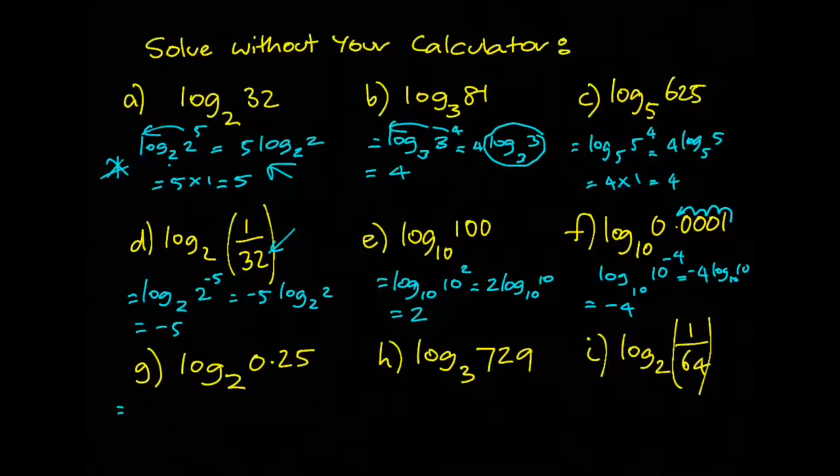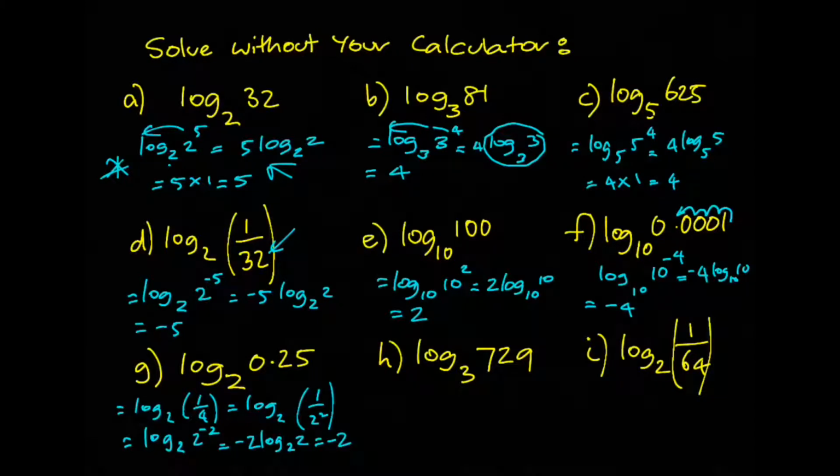So that equals log to base 2 of 1 on 4. And that equals log to base 2 of 1 on 2 squared. And that's the same as saying log of base 2 of 2 to the negative 2 equals negative 2 log 2 of 2 equals negative 2.